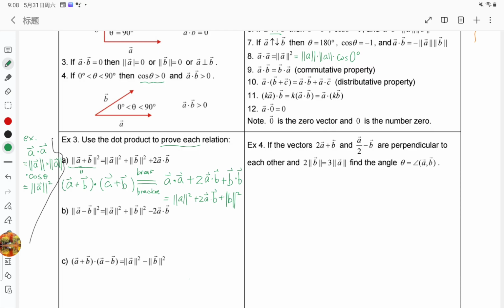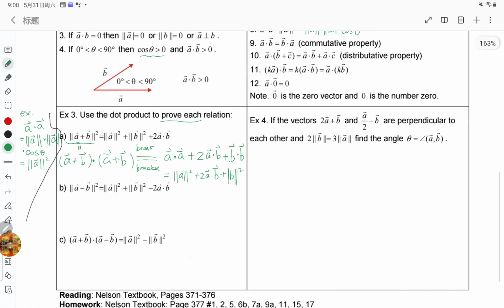All right, and then what about this one? This one is the same, right? We just use the norm square: norm a minus b square is a minus b inner product with a minus b.